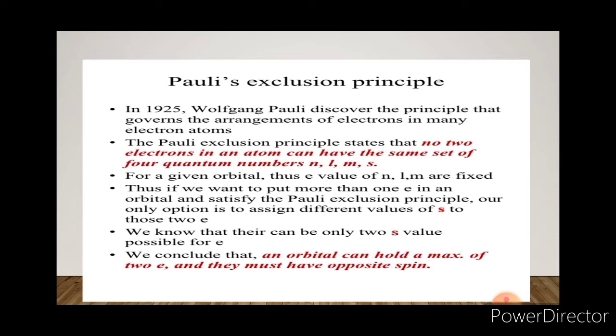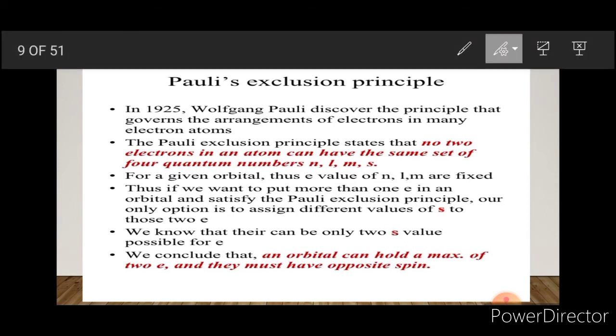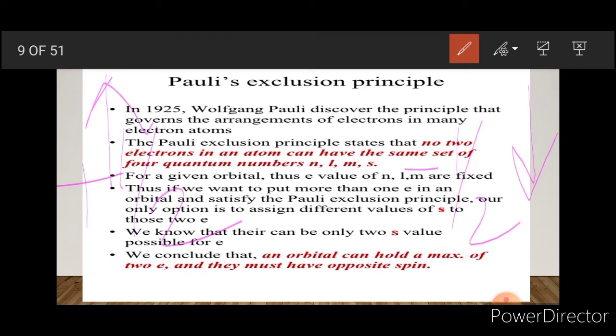If two electrons in an atom have the same value of n, l, m, definitely the value of the spin quantum number will be different. Thus, if one electron has plus half, the other will have minus half, and the spin will be opposite.